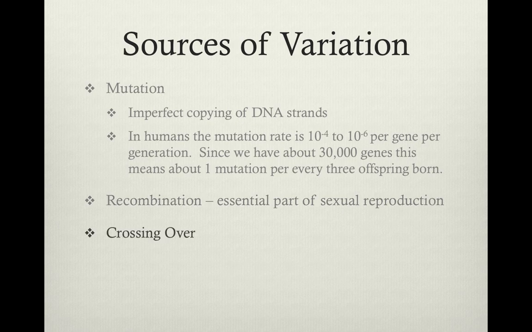We also see variability introduced from crossing over. This is where chromosomes, when they line up in the center of the nucleus to be copied, might exchange little pieces of themselves.